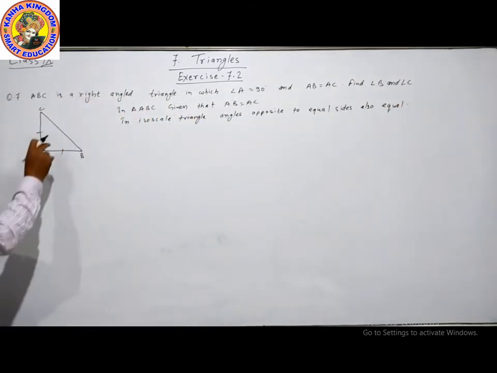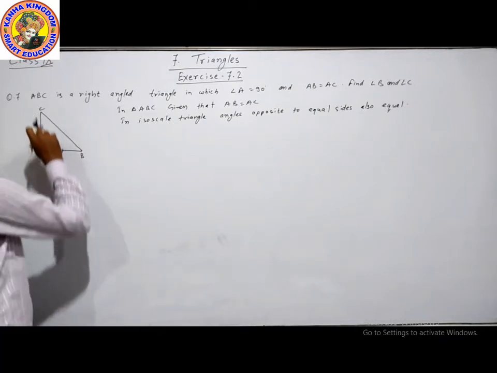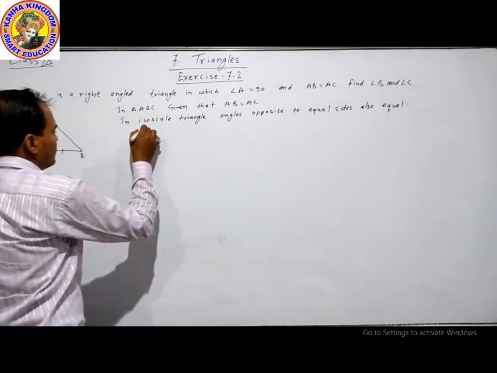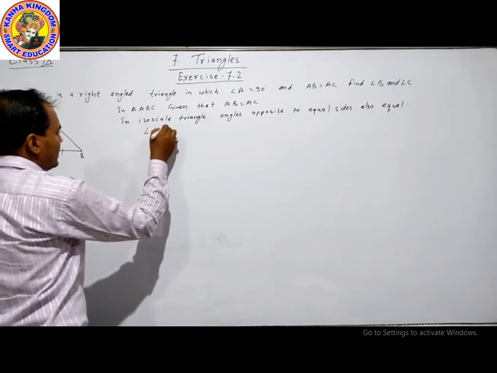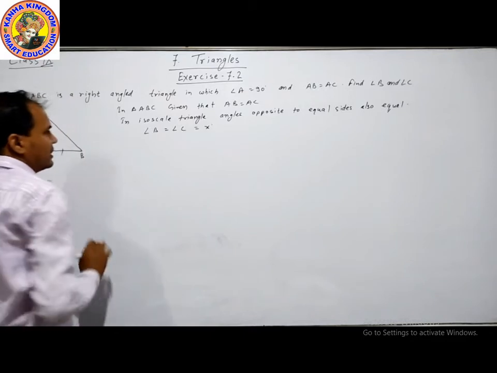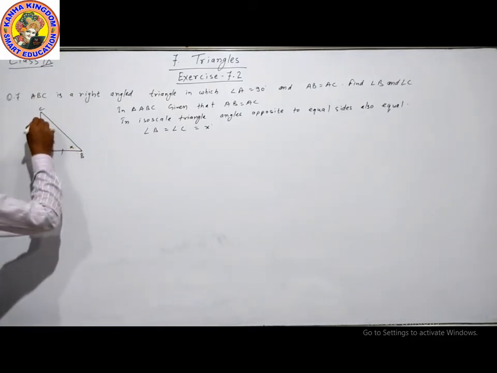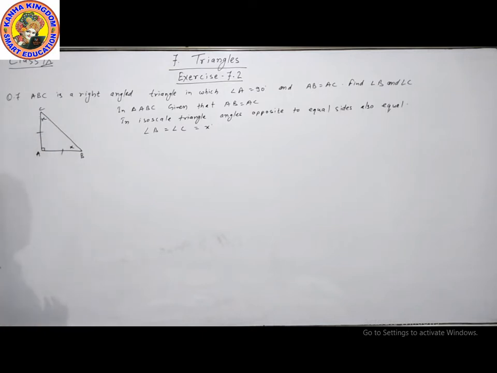The angles opposite to equal sides are also equal. So angle B and angle C are equal. This is our x degree. Let us assume this is our x degree.